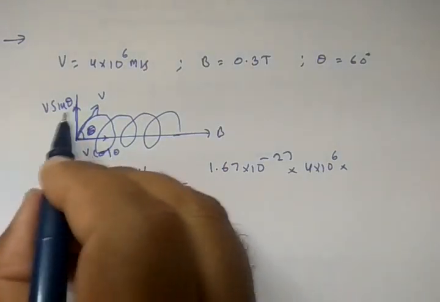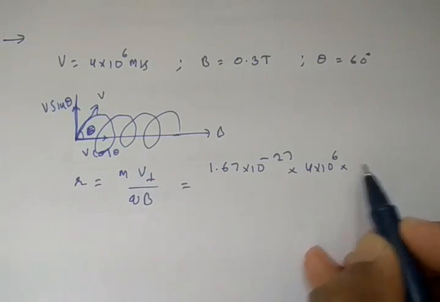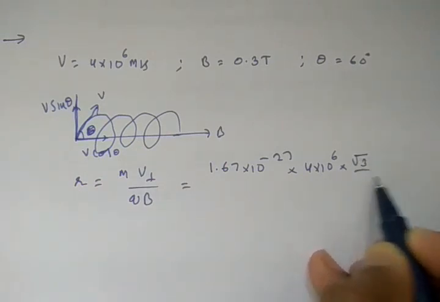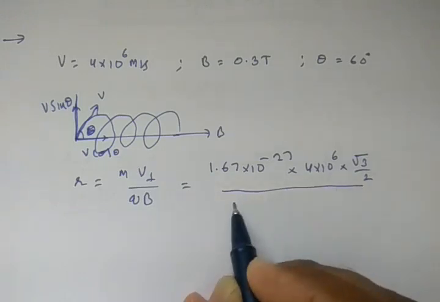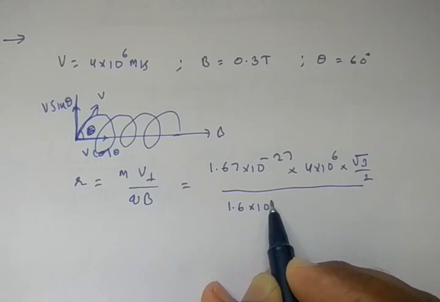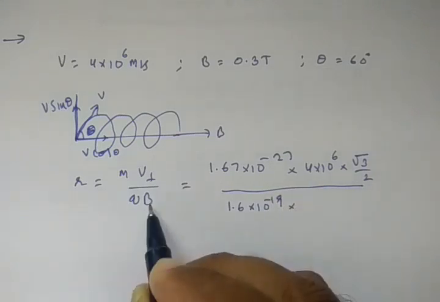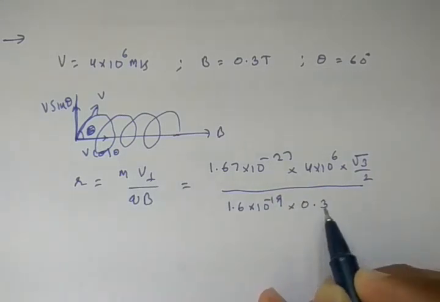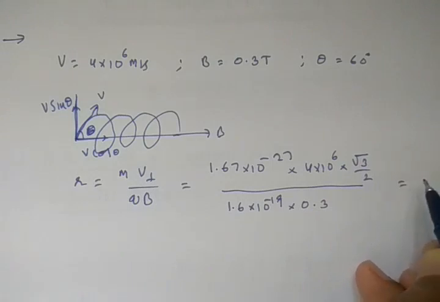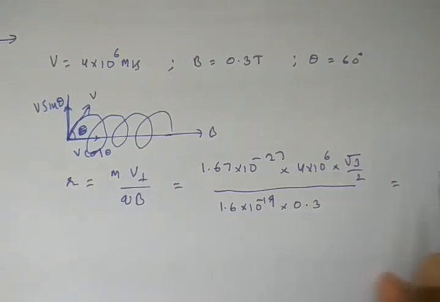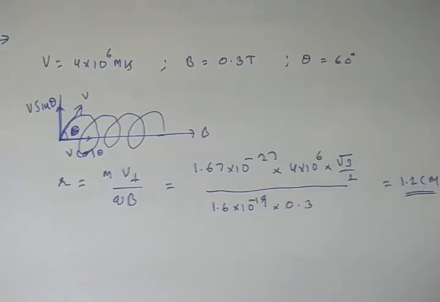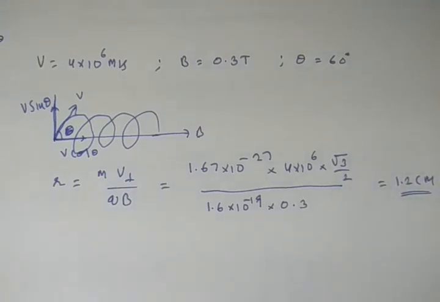Perpendicular means v sin 60, and sin 60 is root 3 by 2. The charge of the proton is 1.6 × 10^-19, and the magnetic field is 0.3 Tesla. Once you simplify this, you get 1.2 centimeter. So this is the radius of the circular path, or the radius of the helical path.